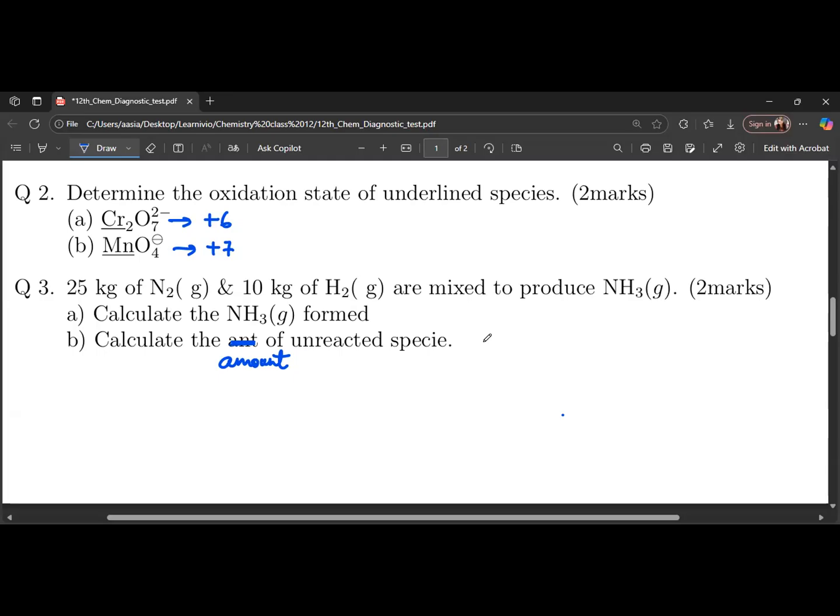I don't know how to solve this one. Are you sure you don't know? Just give it a try. First, try to write down the balanced chemical reaction, right? With the help of a balanced chemical reaction, you can find that. It's very easy.